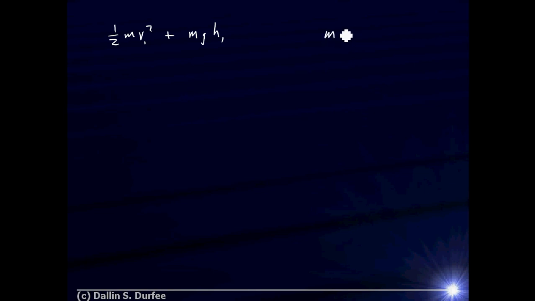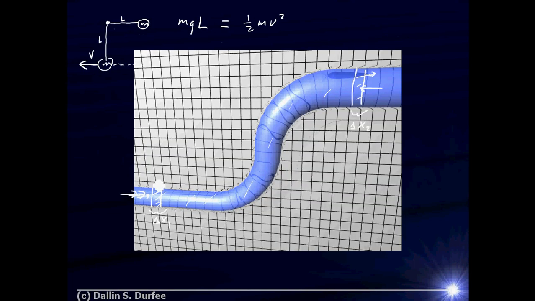On the other side, we've got kinetic energy 1/2 mv2 squared and potential energy mgh2. Very simple. Now, are those two equal to each other? Not necessarily, because work is being done as the fluid flows. Pressure pushes on this side trying to speed it up and move it up, and pressure on this side tries to slow it down and push it down.